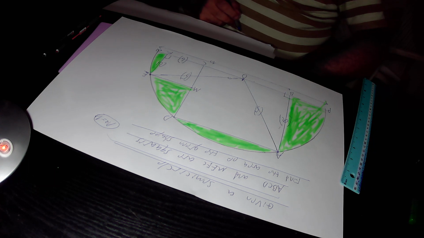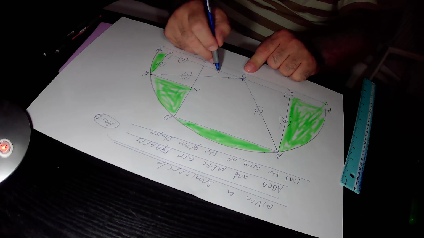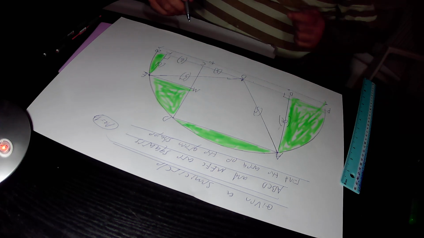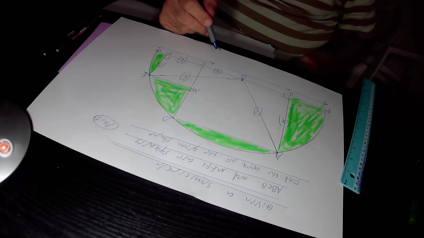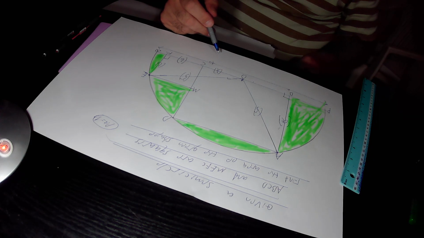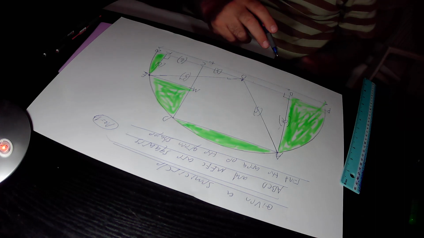We define line segment OC, the length of line segment OC is X. Each side of this square ABCD is equal to A units in its length.